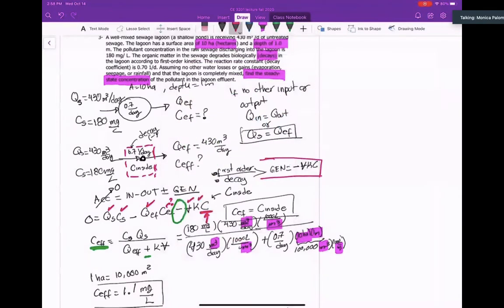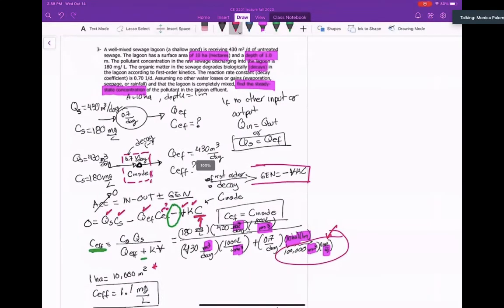And on the bottom there, given the conversion factor that Matt provided, the volume equals 100,000 cubic meters, and then just convert it to liters with this conversion factor. Okay, thank you.